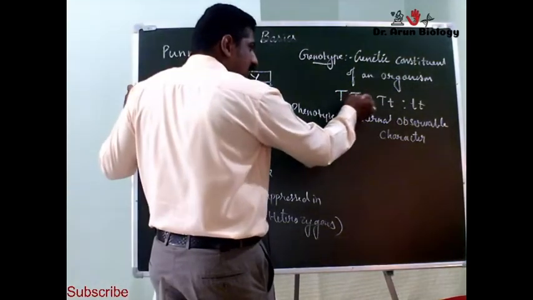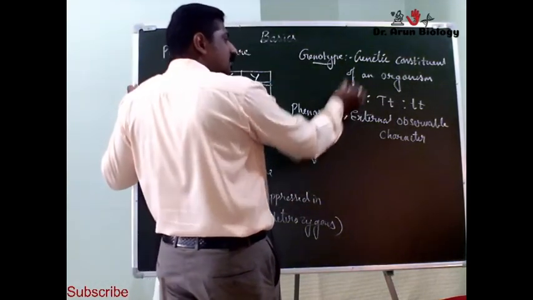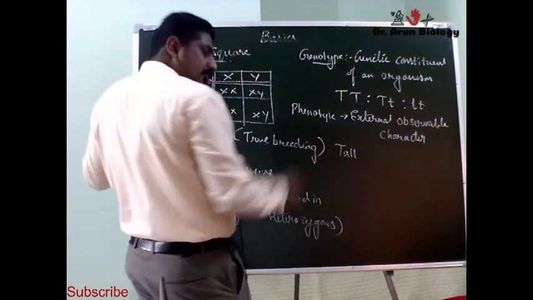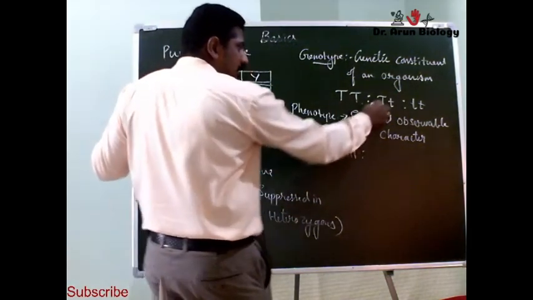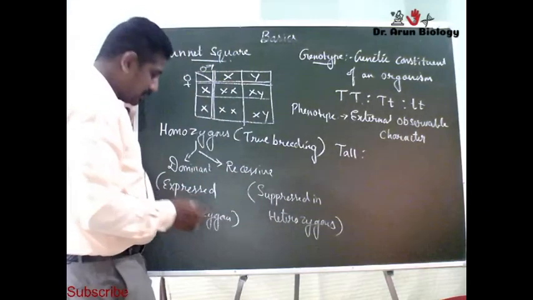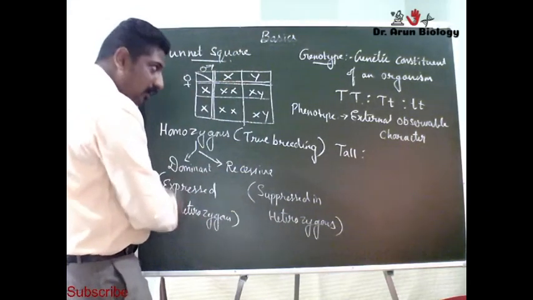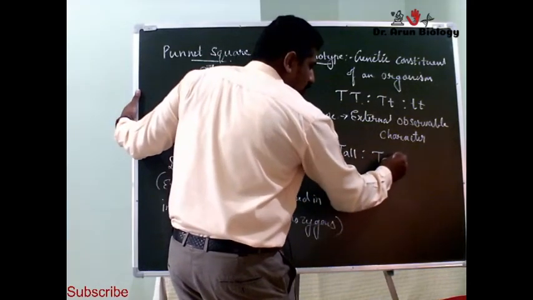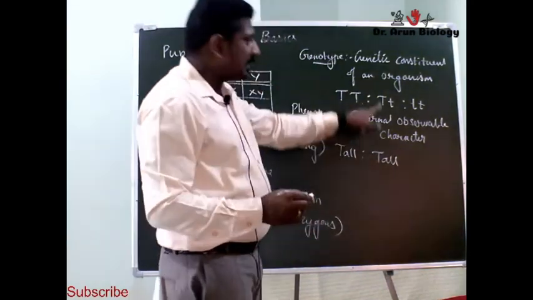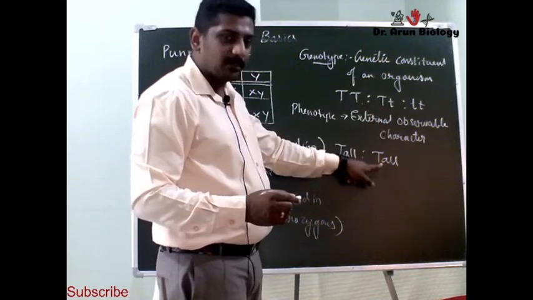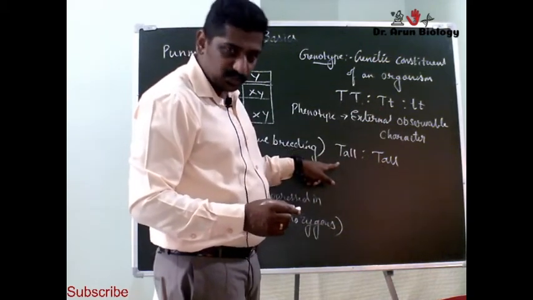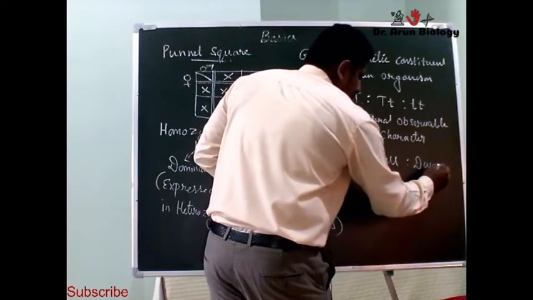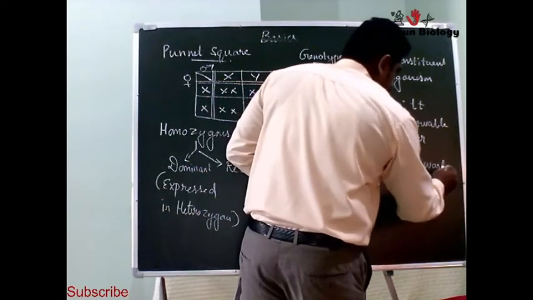So capital T capital T is a genetic constituent exhibiting the tall character and is homozygous dominant. Capital T small t is heterozygous, and dominant traits are always expressed in heterozygous. Therefore, this plant is also tall. Genotypically, it is heterozygous. Phenotypically, it expresses the trait called tall. And small t small t is called dwarf.